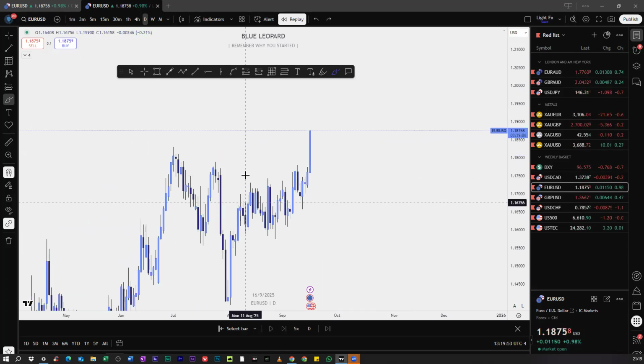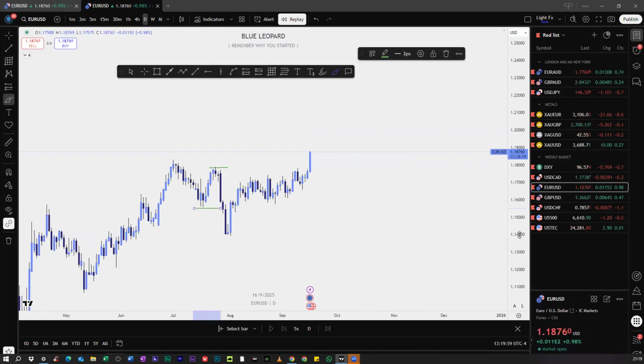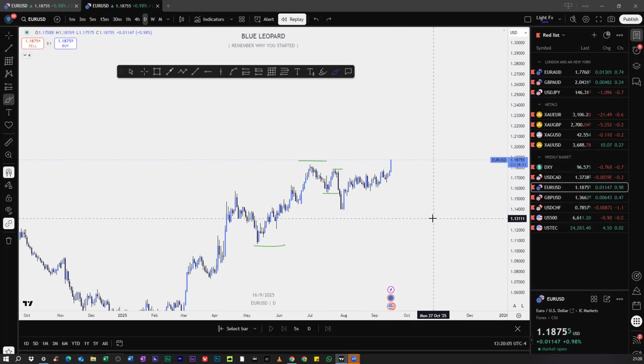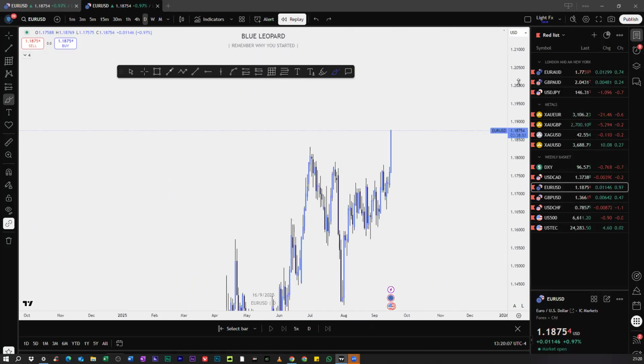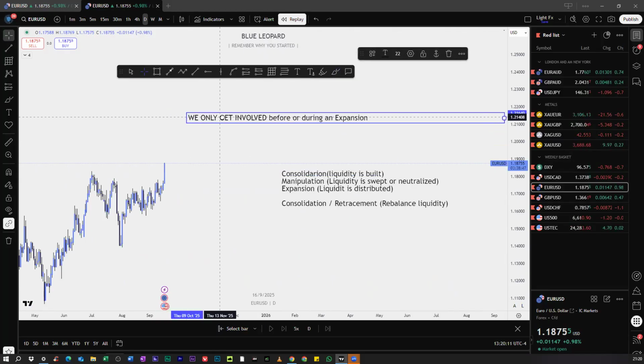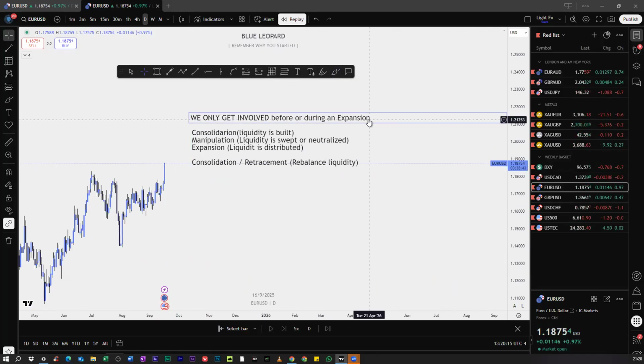But remember, the higher time frame is fractal. So if this is a reversal, maybe on a higher time frame, this is just a pullback because we are going higher. You see? So you must know what candle you are targeting. This is the main question we ask ourselves every time. What candle am I targeting? I mean, what expansion?